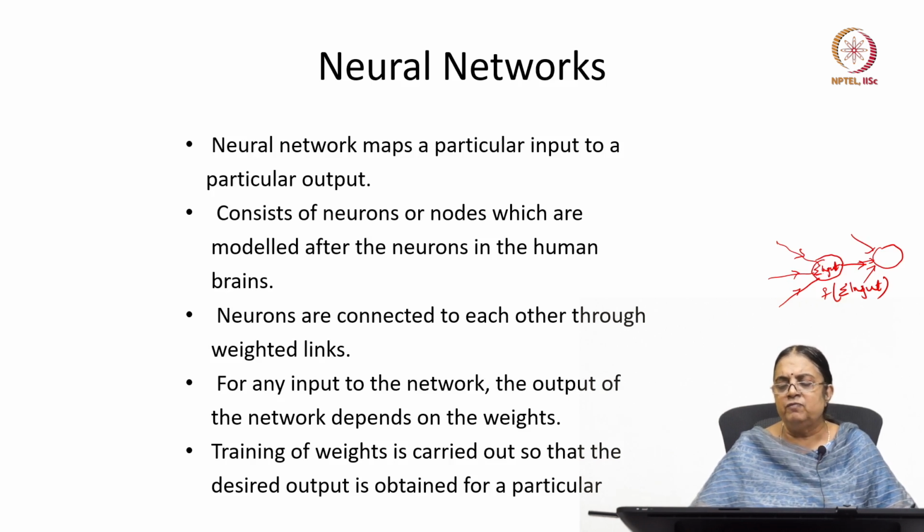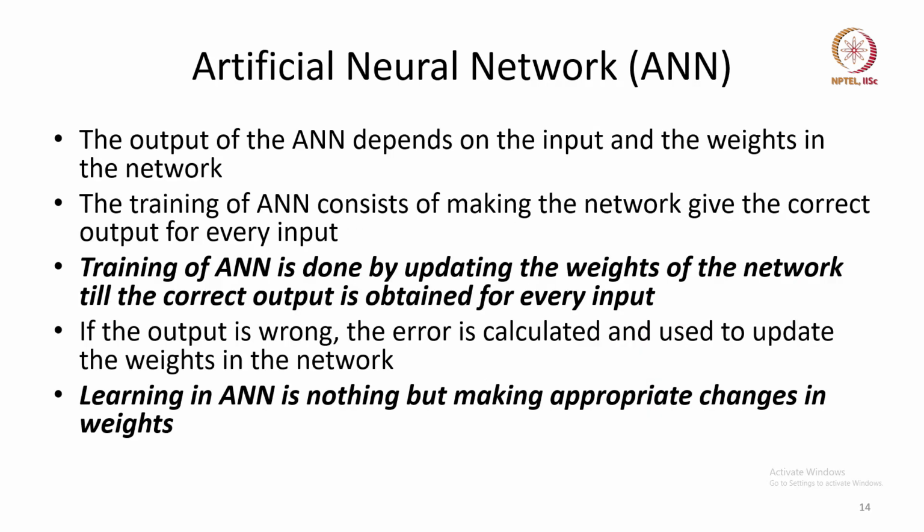If you are not getting the correct output for a particular input, then you need to update the weights so that you get the correct output for the input that you are giving. This is what is known as the training of the neural network. It's the training of the weights. The output of the ANN depends on the input and the weights in the network, and of course it also depends on the configuration of your network.